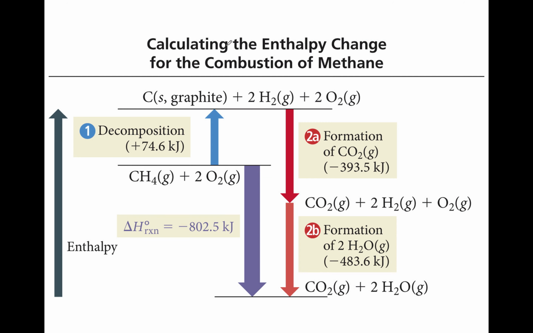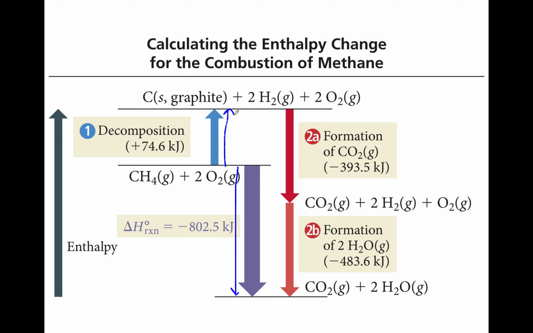Okay, Hess's law. Told you, it's great. Okay, so remember, Hess's law is, well, we want to go straight from this substance, methane and oxygen, that's our reactants, to this one, carbon dioxide and water. Well, what you can actually do is say, we don't know how methane and oxygen is going to get to there, but we know that we can do the decomposition.